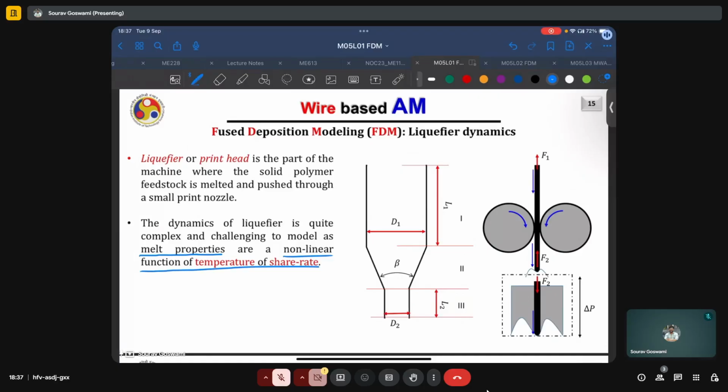Because these materials are polymeric, they are non-Newtonian, and so typically they exhibit non-linear behavior. Melt properties such as viscosity, thermal conductivity, or even specific heat capacity will be non-linear functions of temperature as well as the shear rate.